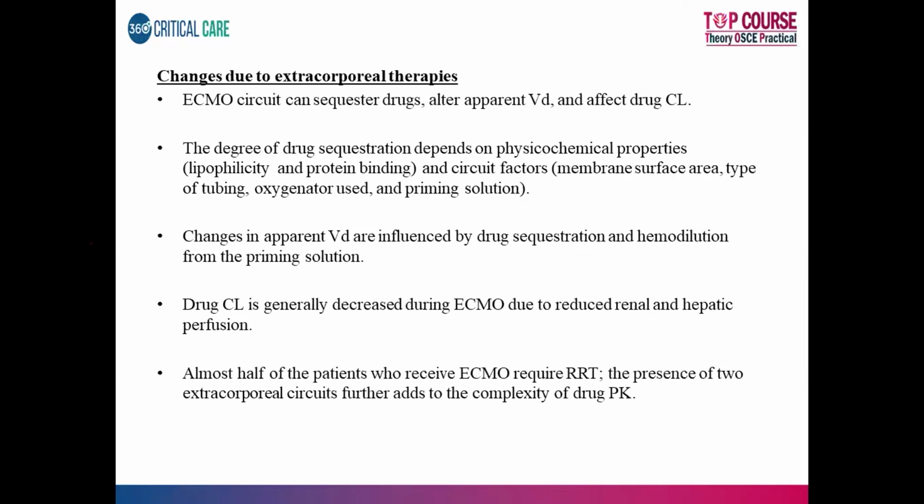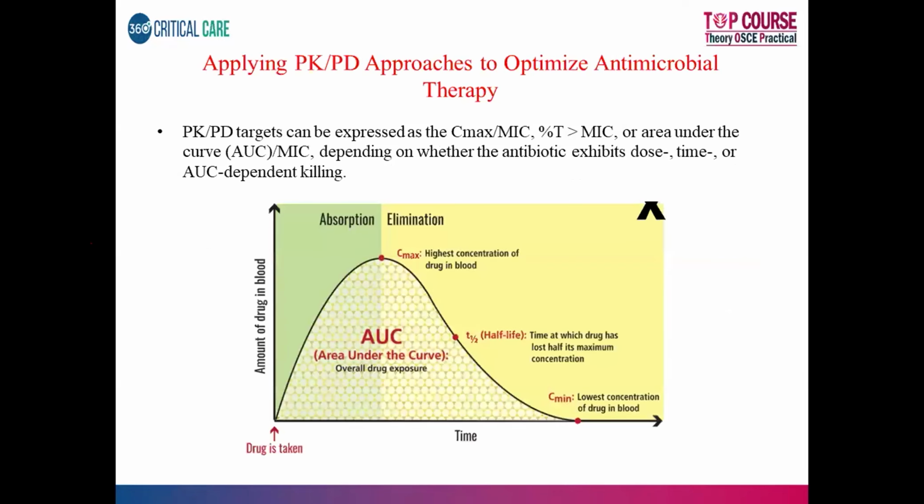Now, how to deal with this is very important. Apply PK/PD approaches to optimize the antimicrobial therapy. PK/PD targets can be expressed as, I think everyone knows this, the Cmax by MIC, time above MIC, or the area under the curve, depending upon whether the antibiotic is concentration dependent, time dependent, or AUC dependent killing.